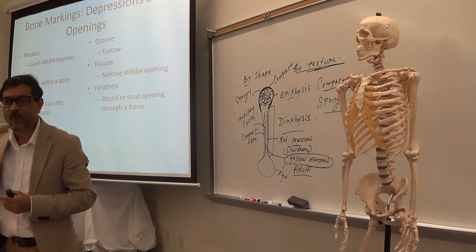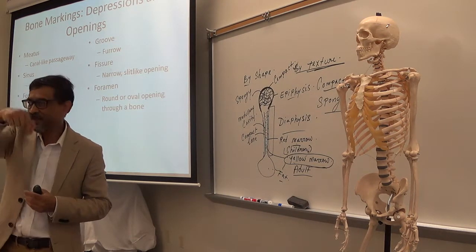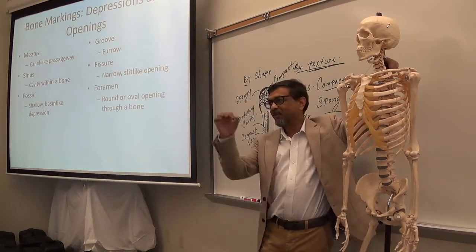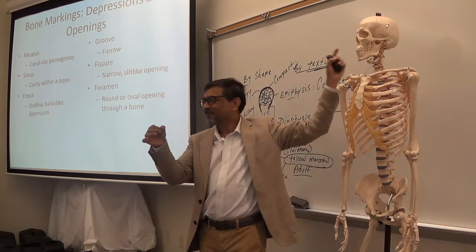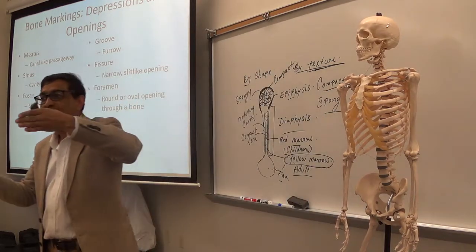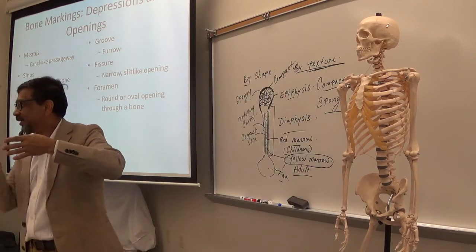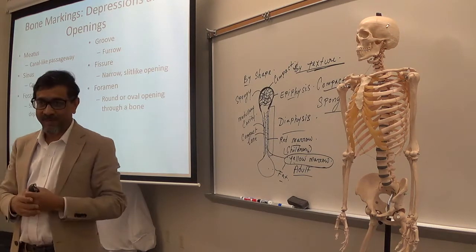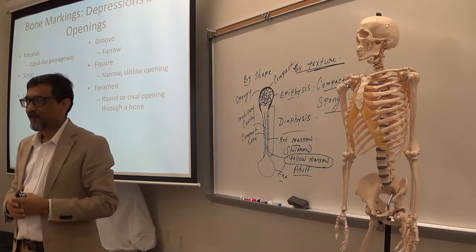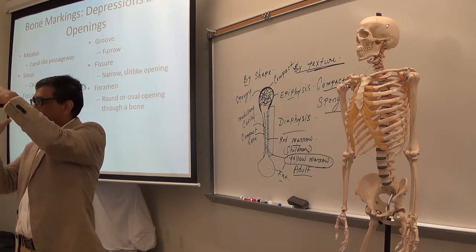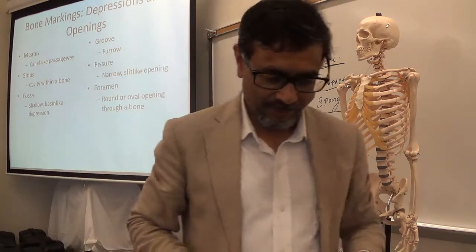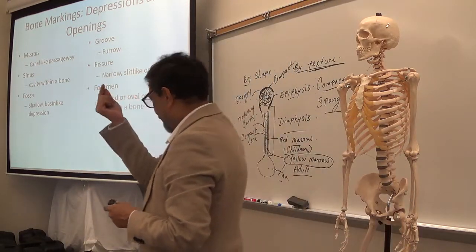Rotundum, jugular foramen, right? You have seen many. Why? In the bottom of the skull you have so many foramen for the spinal cord and blood vessels, as well as cranial nerves. We have 12 pairs of cranial nerves, right? So they get in and out. That's why you have so many holes.